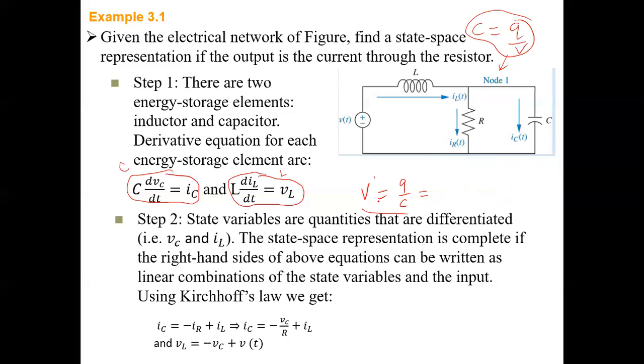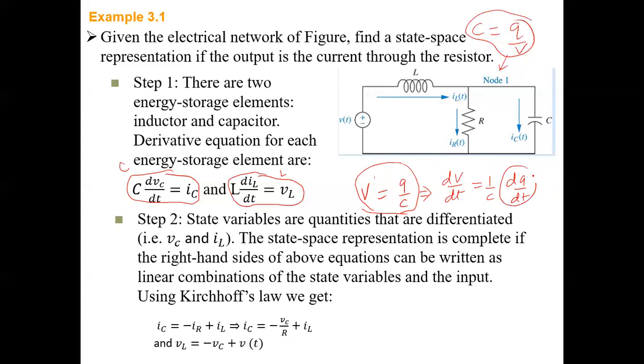Yeah, I see that. So what do you have? If you take the derivative on both sides, what do you get? dV over dt equals 1 over C dq over dt, right? Take the derivative on both sides. So then what do you get from here?